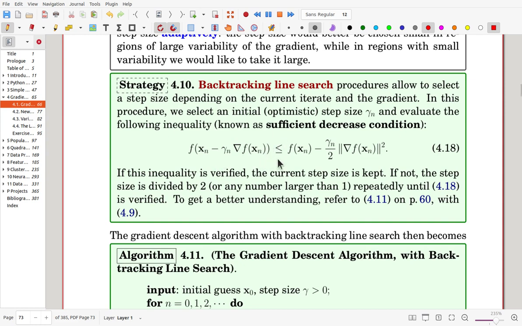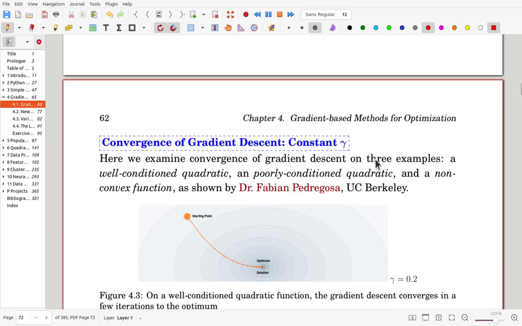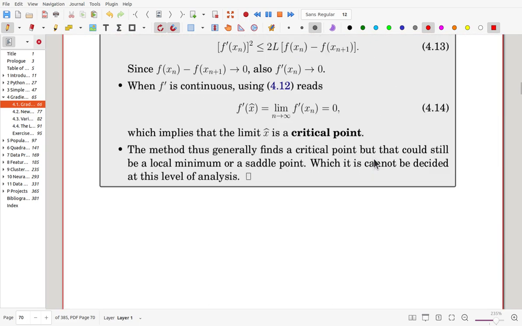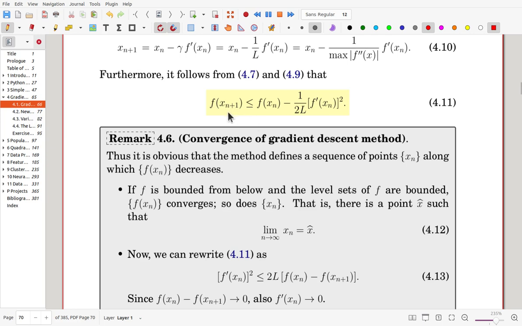This condition is called the sufficient decrease condition. That comes from the 1D analysis. Let's go back to here on page 60. That one: f at xn plus 1 is less than or equal to f at xn minus 1 over 2L, and now that 1 over L is gamma, so gamma over 2 times f prime at xn squared.